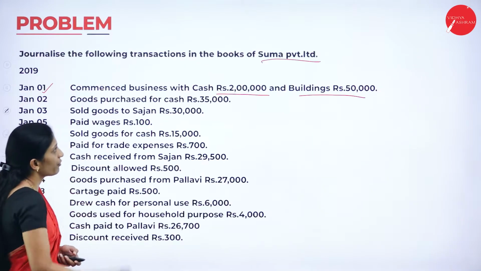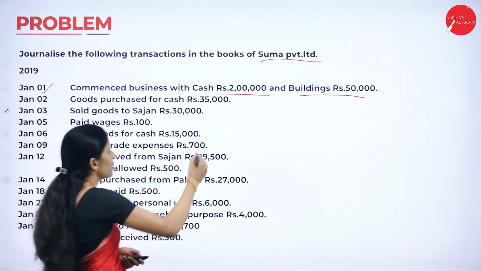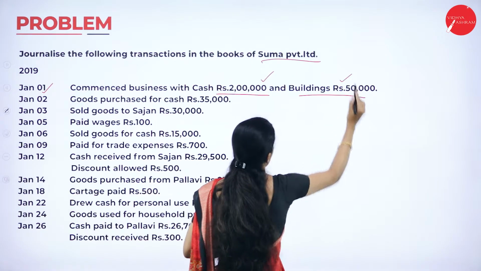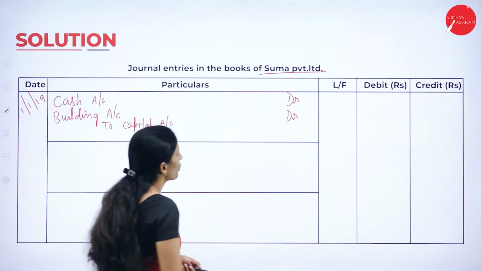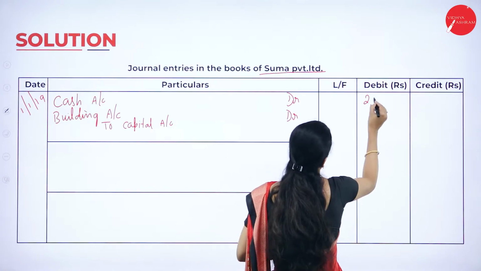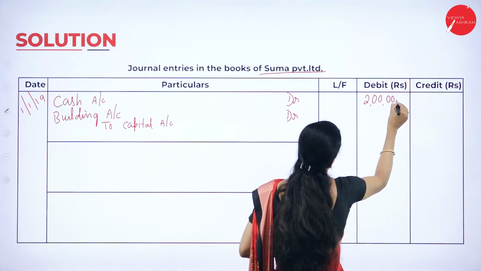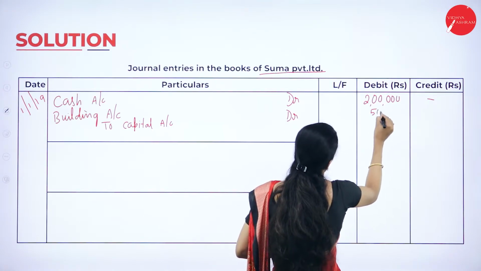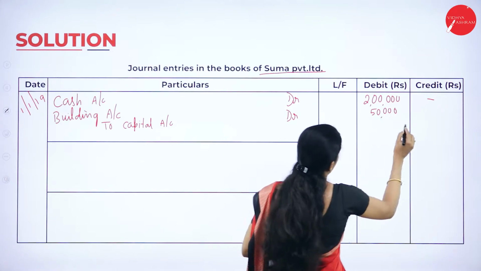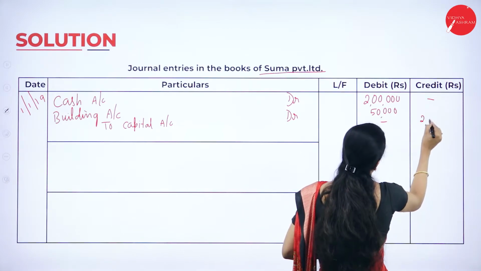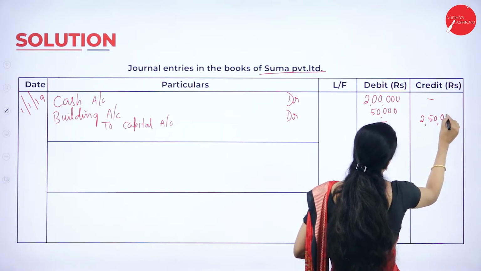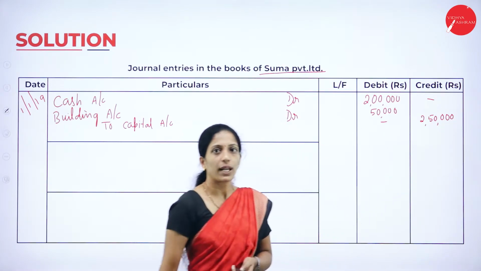So what is the amount of cash which has been invested? It is 2 lakh and the building is 50,000. So here it is 2 lakh. Here it is 50,000 and in the credit side 2 lakh 50,000.